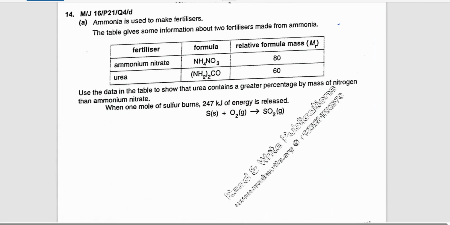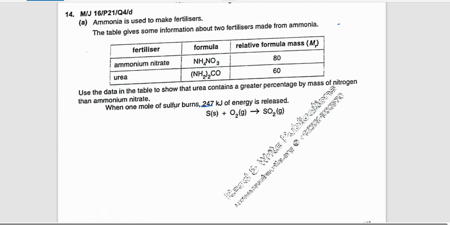Okay, you have to find the percentage. Show that urea contains a greater percentage by mass of nitrogen than the ammonium nitrate. Does urea have greater, or does the ammonium nitrate have?